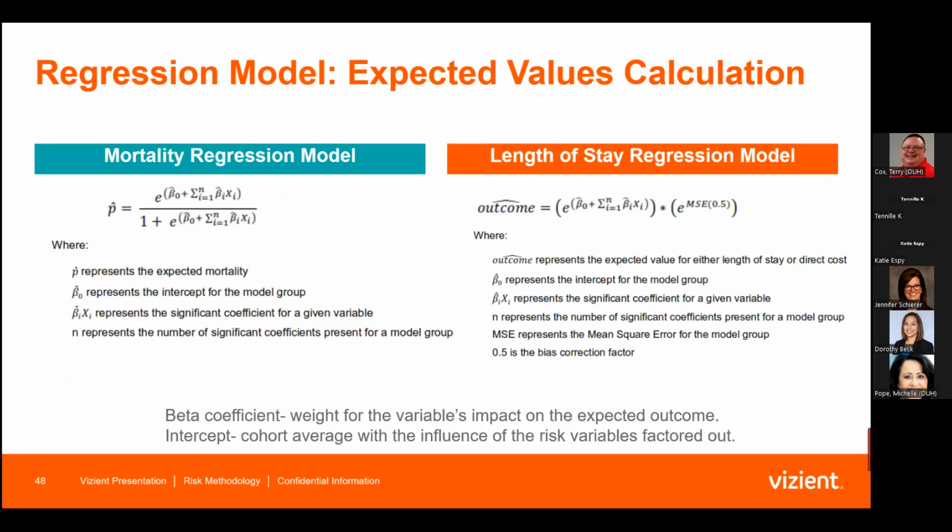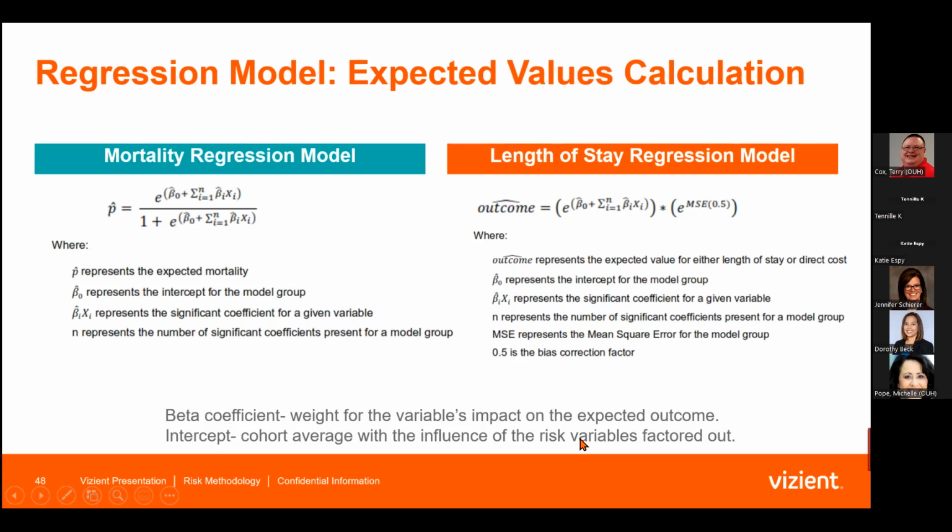I know this is a visual. I love this. This is a visual of our expected values calculation. For the regression models, the left is for mortality and the length of stay on the right. And what I really want to point out here is the intercept and the beta coefficient. They're both in the equations. A beta coefficient is a weight of the particular variable's impact on the expected outcome that you're looking at.